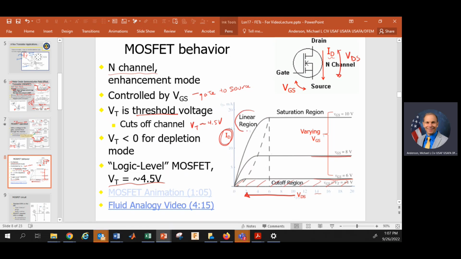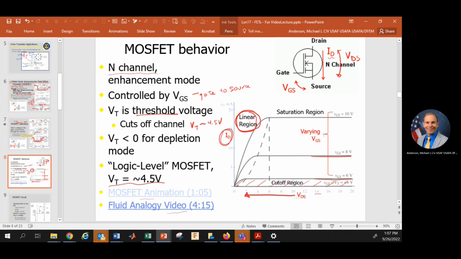So in this case, we want to be in the linear region, not the saturation region, which is a little bit confusing. When we meet in class in person, I'll go over some of these videos and show the physics of how these things work. But you basically have this interesting interplay between the gate to source voltage that turns the device on and the drain to source voltage.